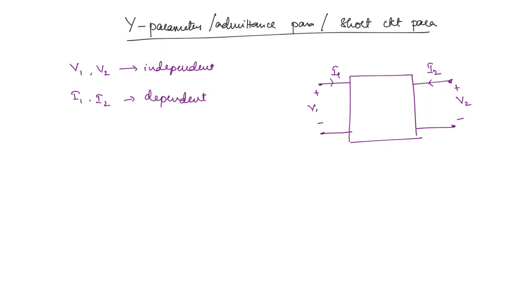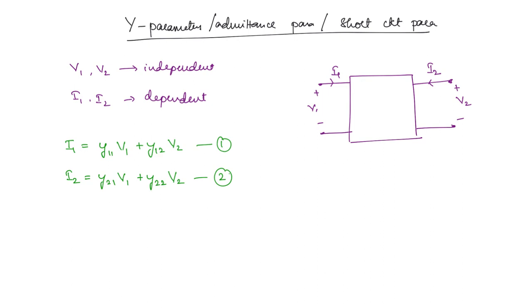Okay. So here I1 will be written as Y11 V1 plus Y12 V2, and the current I2 is given by Y21 V1 plus Y22 V2. So these are the two equations. Here Y11, Y12, Y21, Y22, these are all the Y parameters.